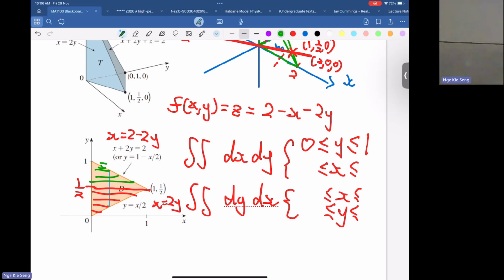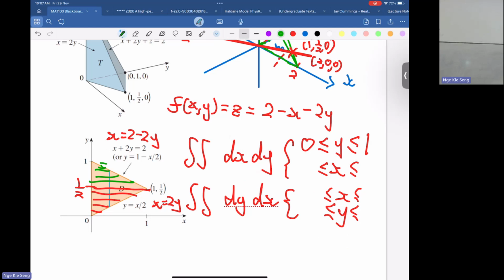The smaller side, the lower bound, is controlled by this line. What is this straight line? It's a vertical line, on which x equals zero. So the lower bound is x equals 0. The upper bound has two types: it follows x equals 2y up to y equals half, and then follows the other curve, x equals 2 minus 2y.